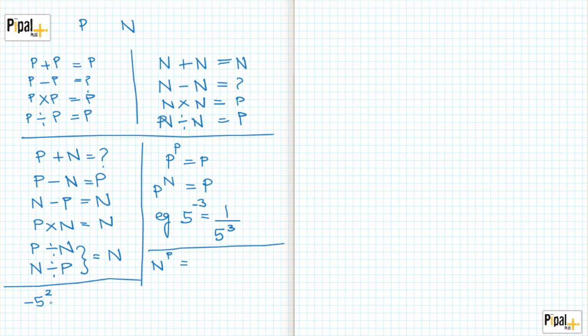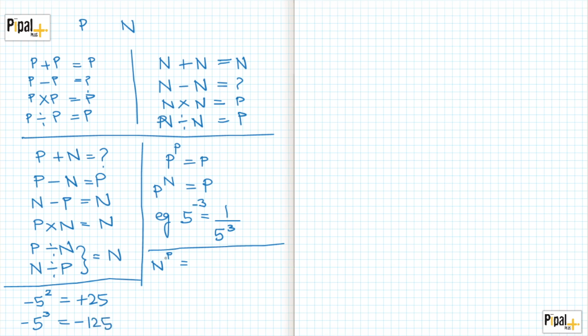I've given it a power 2. Or let's take the same negative number and this time give it another power. If you give it an even power, it's going to become a positive number. But if you give it an odd power, it's going to remain a negative number.